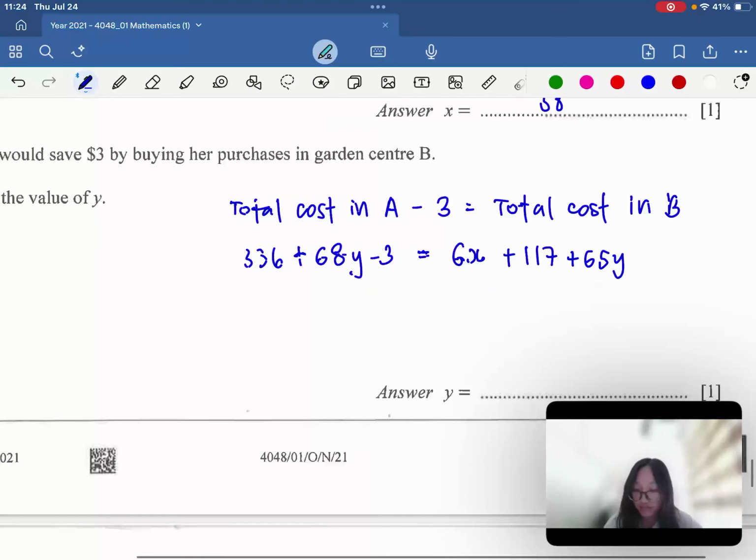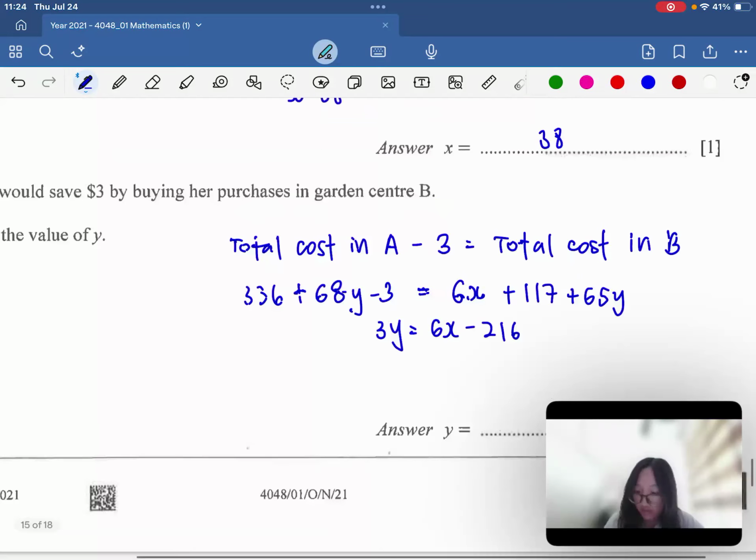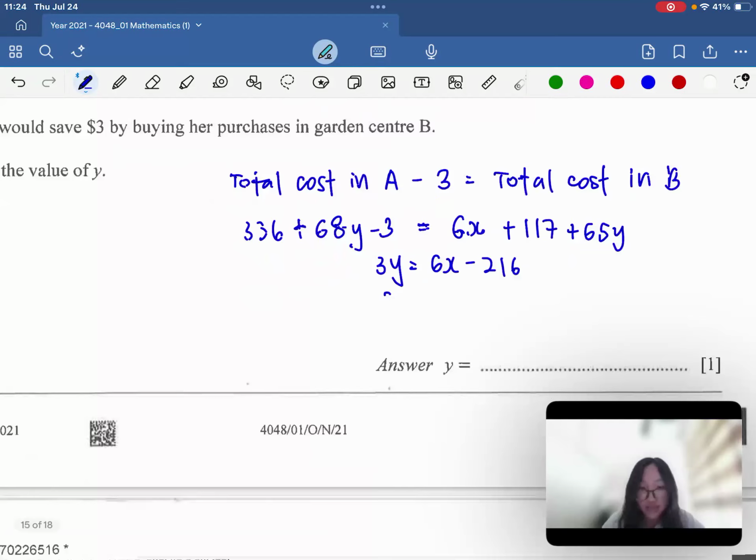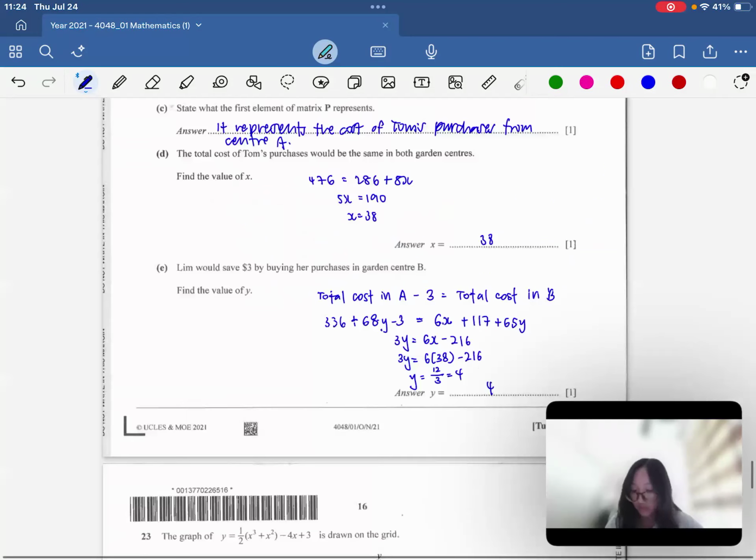So we're going to simplify it to 3y equals 6x minus 216. And therefore, x we have found is equal to 38. So we're going to sub in x equals 38. Okay, so now y we know is 12 divided by 3 is equal to 4. And therefore, y is equal to 4.